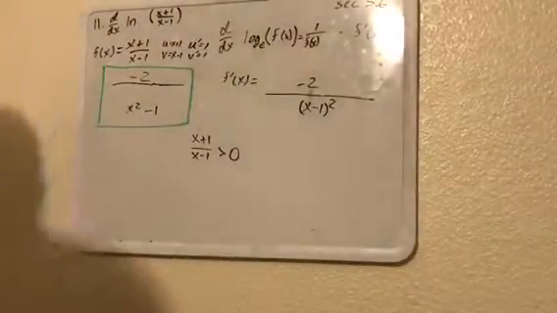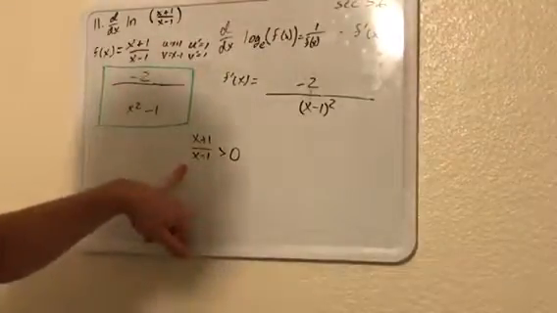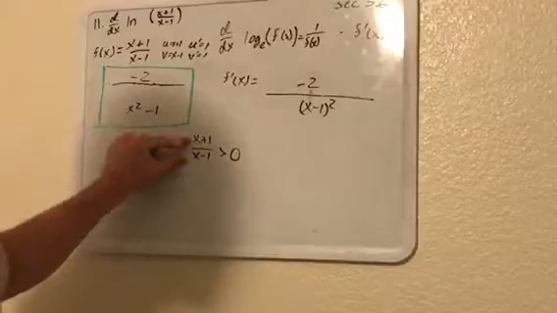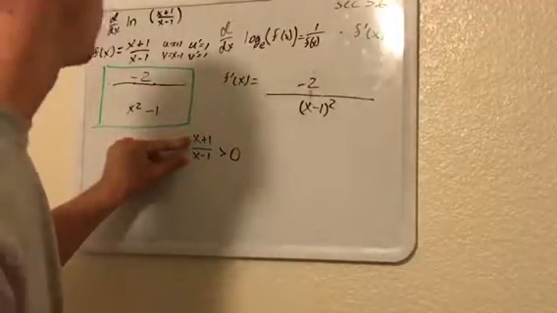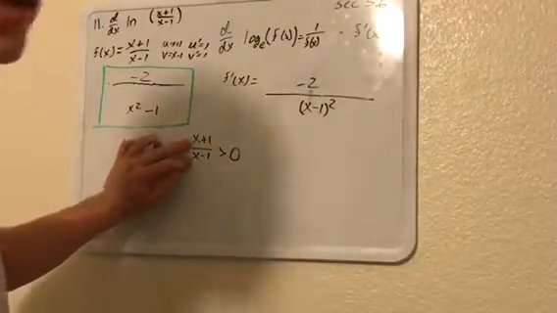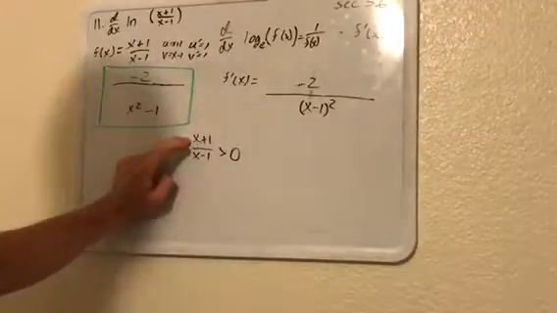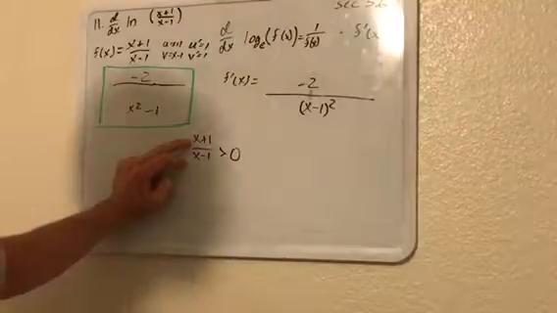Now, if we just look at this and try and figure it out without any kind of algebra, you'll see that if you have a number that its absolute value is greater than 1, so say 2, you'd have 3 over 1. This would be a positive value. That's fine. If you had negative 2, you'd have negative 1 over negative 3, which is a positive value since you have a negative divided by a negative.